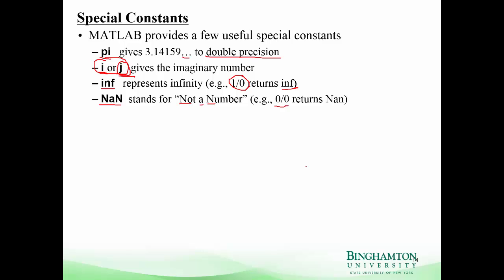And there are some other commands that will give you either Inf or NaN. These are handy, but sometimes you have to worry about these things. So you may be getting results that you think are numbers that are going to end up being one or the other of these things. And so sometimes you need to put in special commands in your program to test for this or strip these things out.